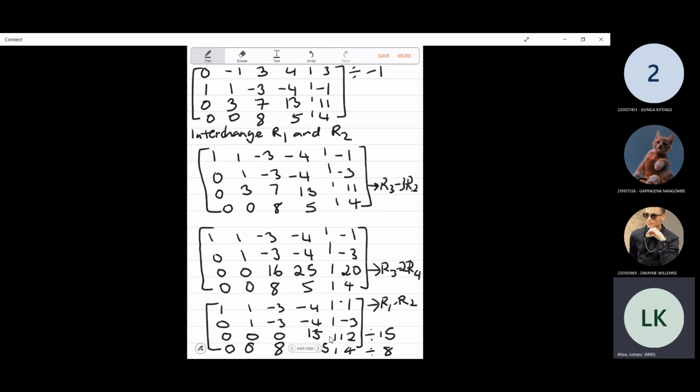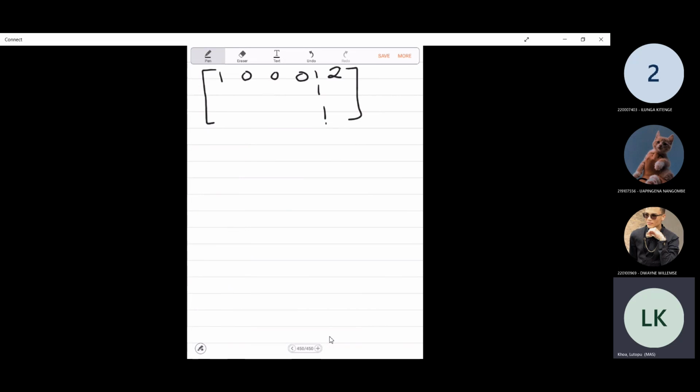Then with the row 2, we're not going to change anything, so it's just 0, 1, minus 3, minus 4, minus 3.